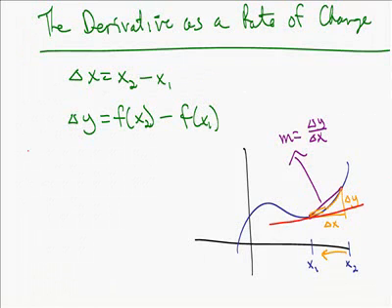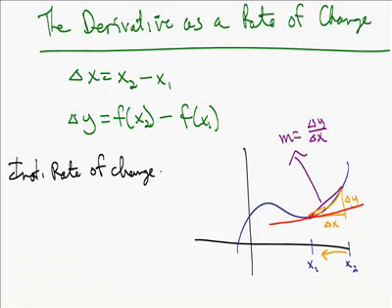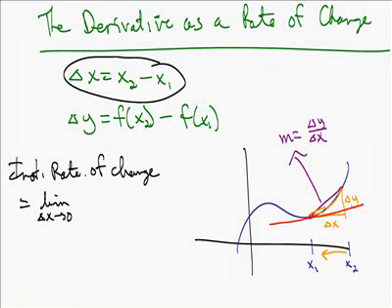And so we can say then that the instantaneous, and remember, this measures how fast a function is changing. It's a rate of change. The change in y divided by the change in x. The change in the output divided by the change in the input. So we could say then that the instantaneous rate of change, as defined by what we've just done here, is going to be equal to the limit as delta x approaches 0, as x2 approaches x1, of the change in y over the change in x.